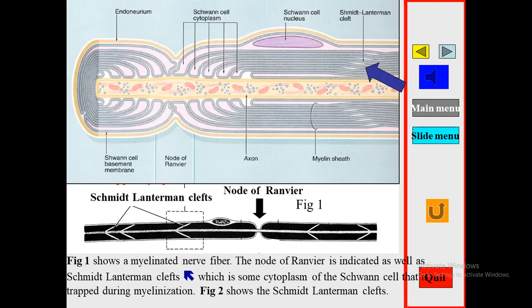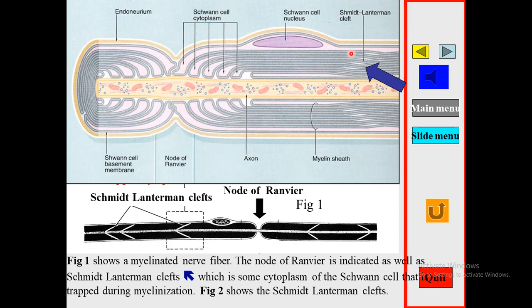In the longitudinal section, as we can see, this is the axon, and those layers represent the membrane of the Schwann cell or the myelin sheath. The myelin sheath is usually absent from the internodal segment.